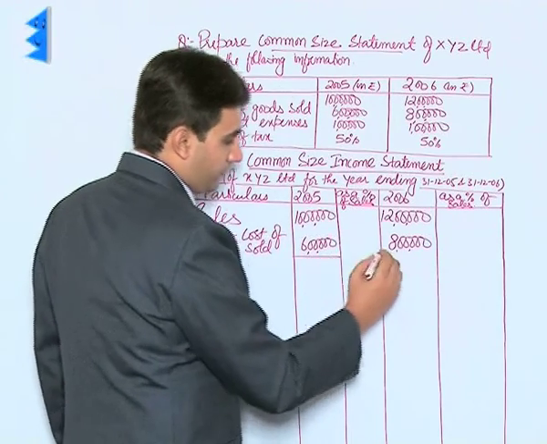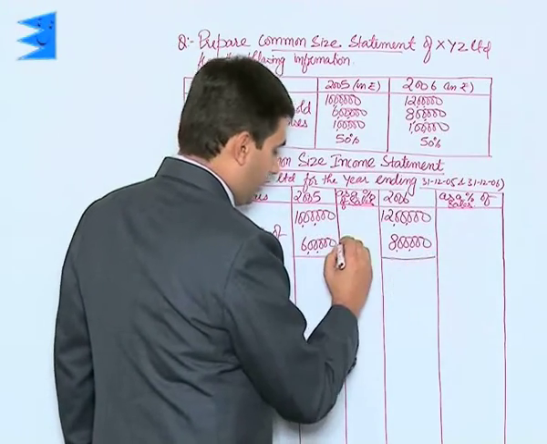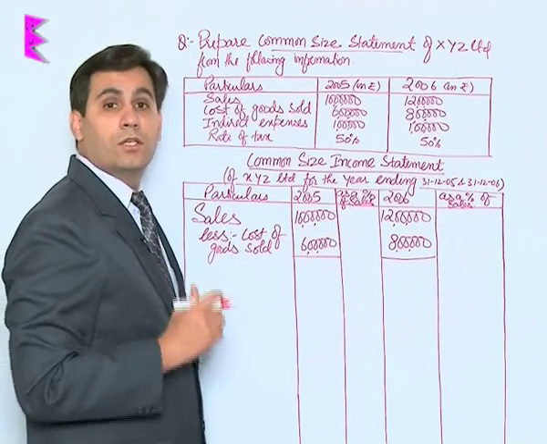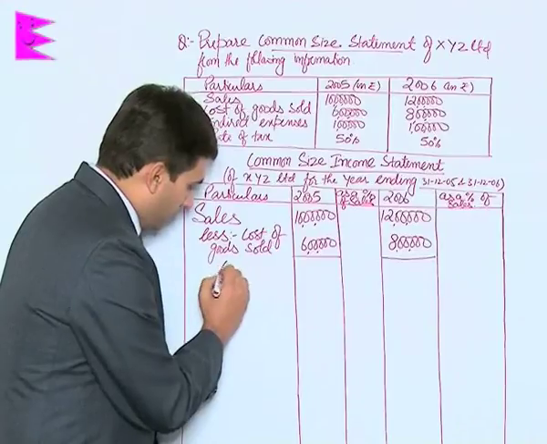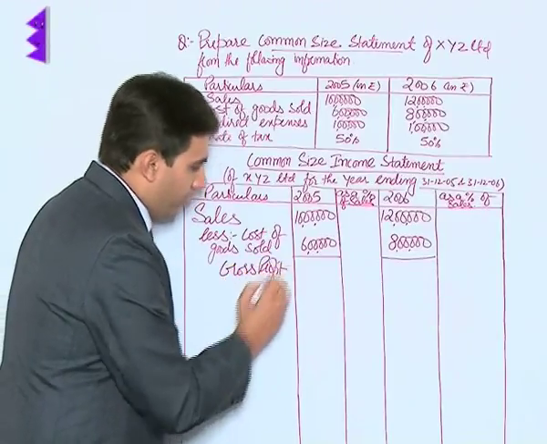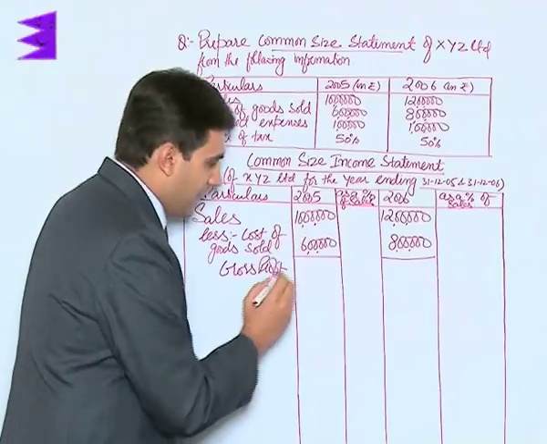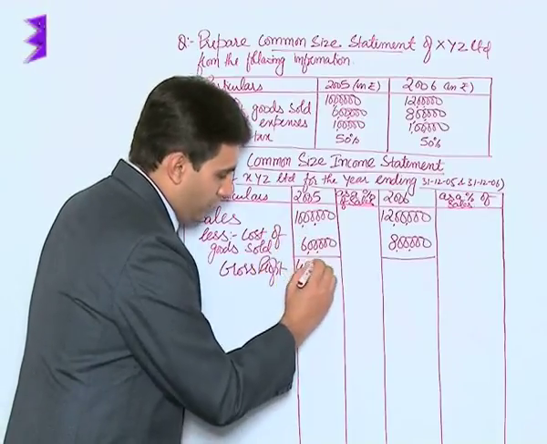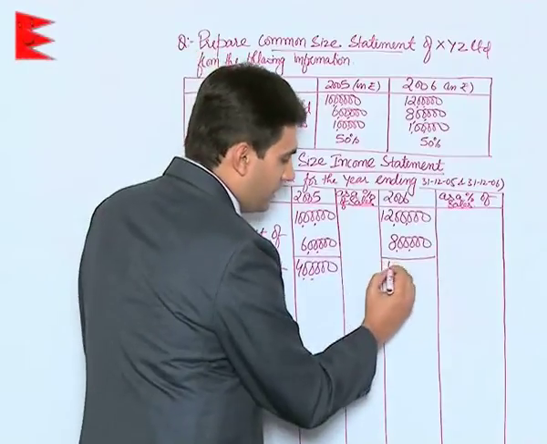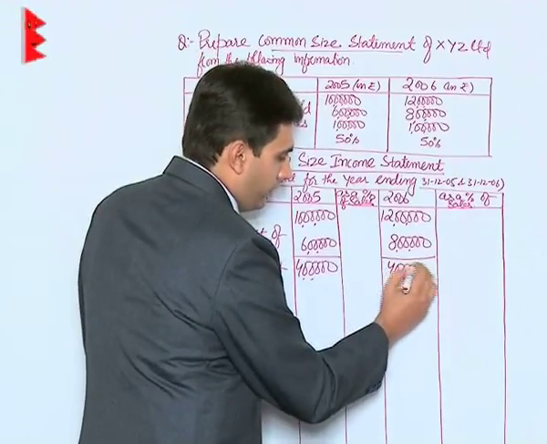Now students, subtracting the cost of goods sold from net sales will give us gross profit. So we will have gross profit for the first year as 10 lakh minus 6 lakh, which comes to 4 lakh, and for the second year also it comes to rupees 4 lakhs.